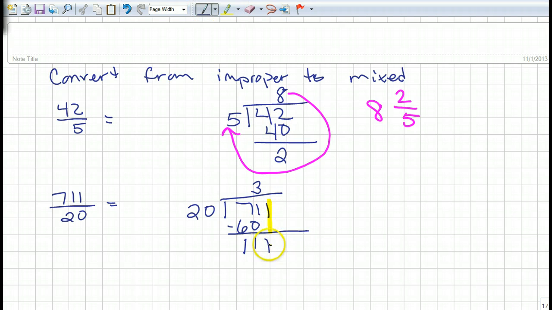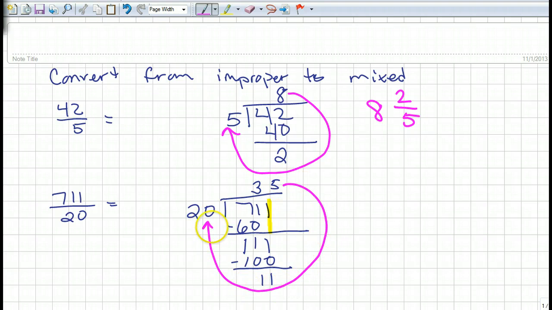So it'll be 111. 20 goes into 111 5 times. So this will be 100. And if I subtract that, I have 11 as a remainder. So once again, if we do this in clockwise order, starting with the 35, we go through the 11 and up to 20, it'll be 35 and 11 over 20.